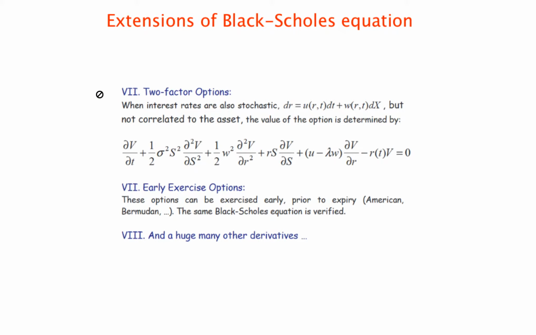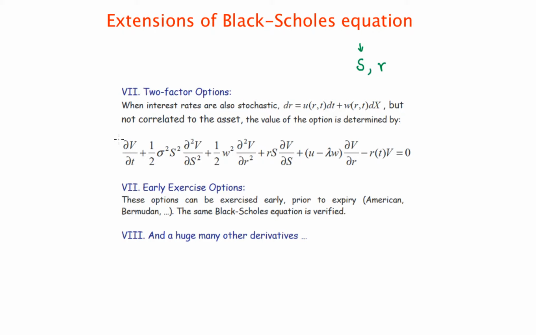And another extension is the possibility of having two-factor options. In our basic Black-Scholes equation, the only stochastic term is the one associated to S. But let's suppose that the interest rates are also stochastic, and they follow a given process here, which is not correlated to the asset. In this case, we have to include the stochastic contribution of R in the Black-Scholes equation.